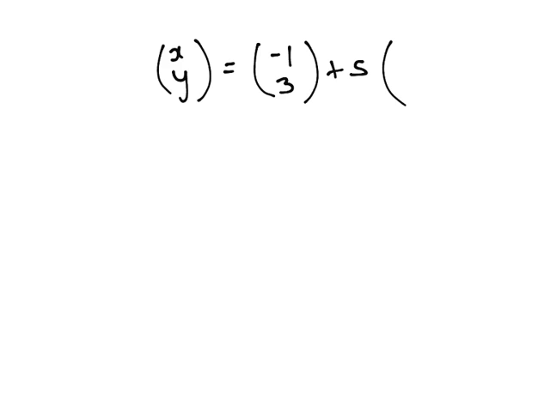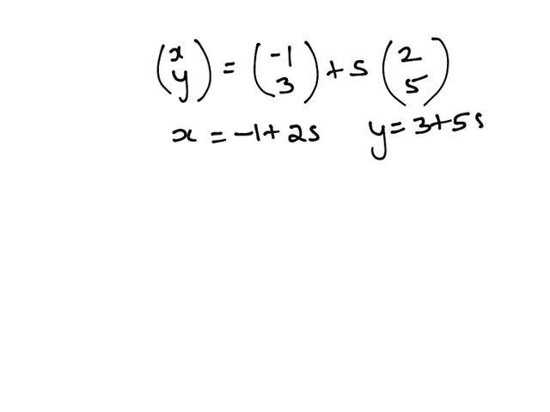Let's say xy equal to minus 1, 3 plus s times, not 5, this is s, 2 and 5. Okay, so I can write this as x equals minus 1 plus 2s and y equals 3 plus 5s.